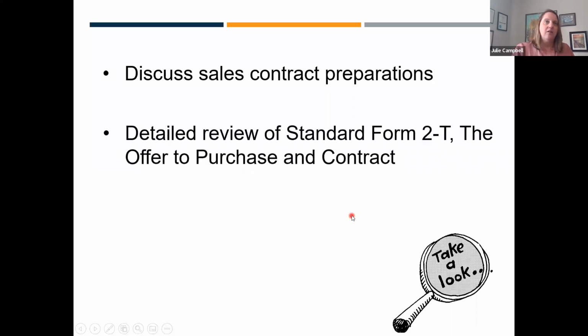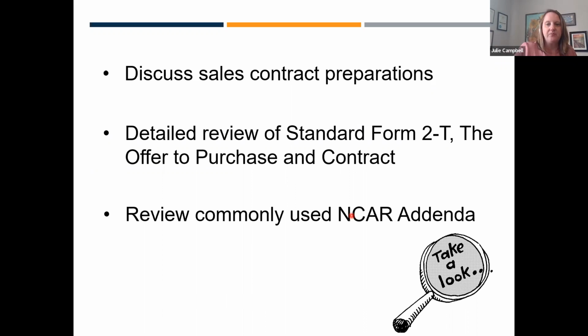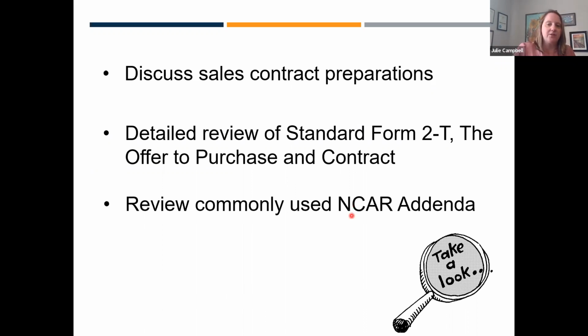Again, the star of chapter 11 is our detailed review of our standard offer to purchase and contract form 2T. And then we're also going to look at some commonly used NCAR forms, North Carolina Association of Realtors, NCAR. Look at some other forms. We've already looked at a few. So we've got a few more to look at next week with our offer to purchase and contract.